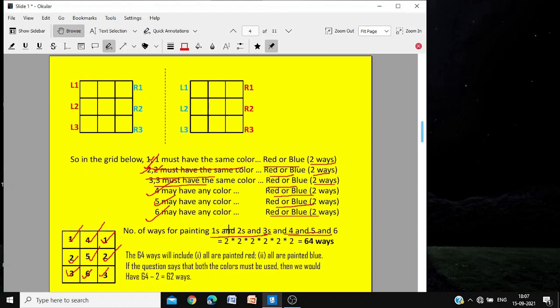So because of AND we multiply. 2 into 2 into 2 into 2 into 2 into 2, and we get 64 ways.